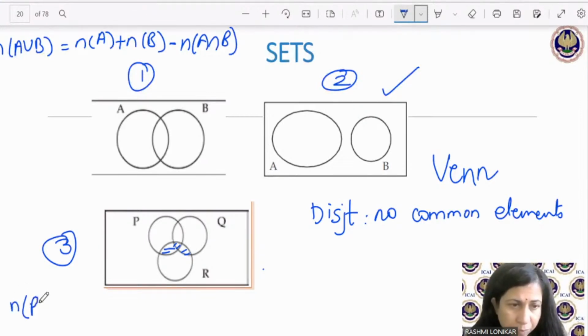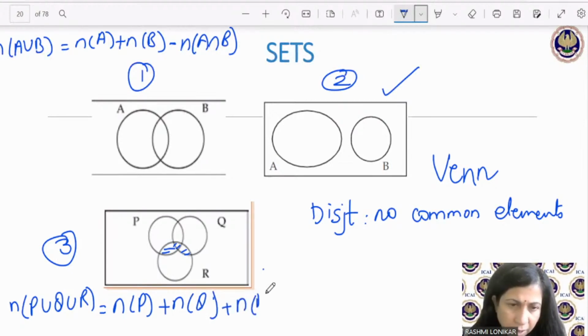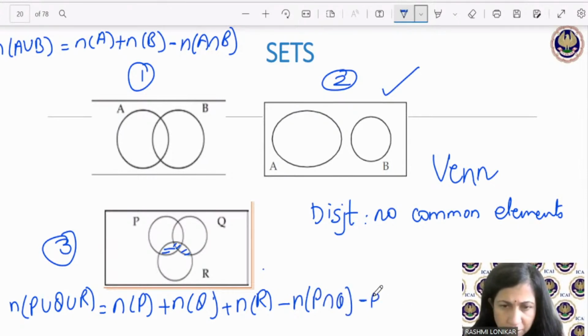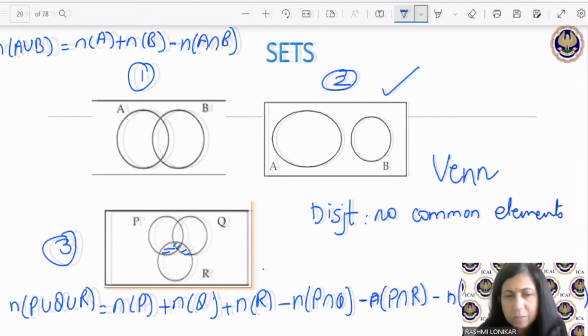N of P union Q union R is equal to N of P plus N of Q plus N of R minus N of P intersection Q minus N of P intersection R minus N of Q intersection R plus N of P intersection Q intersection R. Okay.